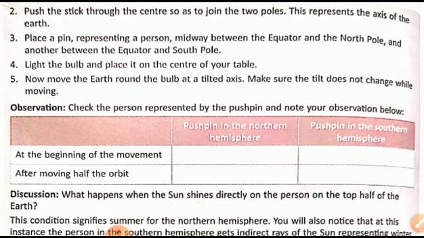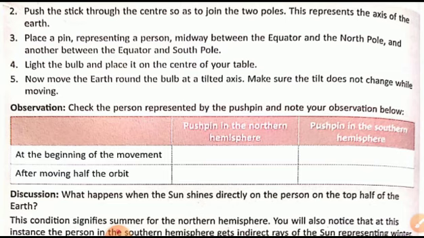But after moving half the orbit, you will see the opposite. The pushpin which was in the southern hemisphere will come to the northern, and the pushpin which was in the northern hemisphere will come to the southern hemisphere. In this way, our earth also spins around the axis, making the different days and nights and also the seasons.